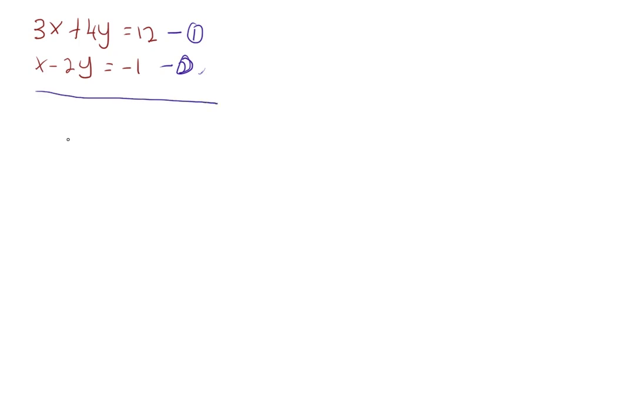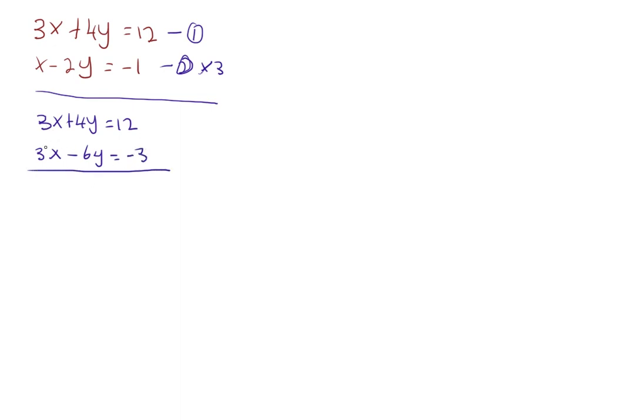So let's say this is our first equation. Our second equation, when I multiply with 3, will become 3x minus 6y equals negative 3.